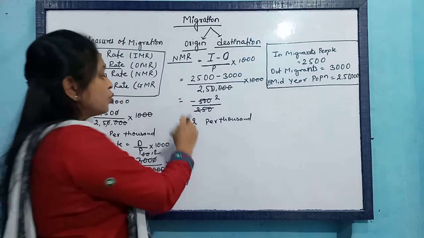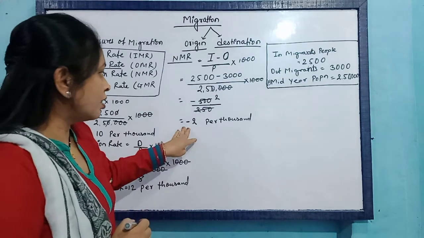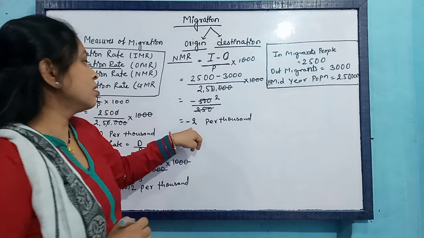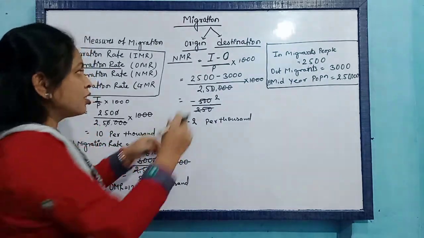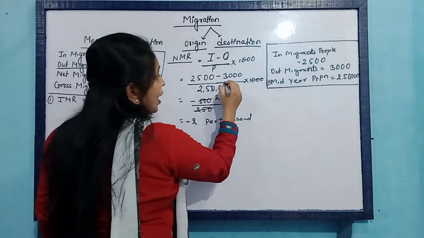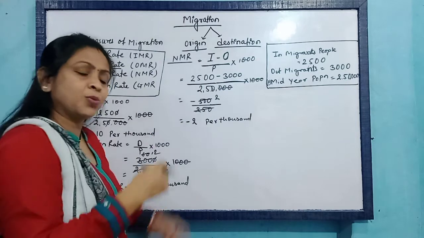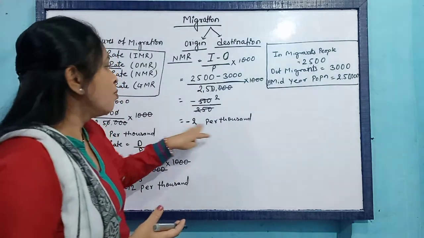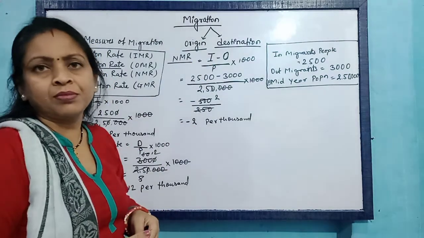There is a minus rate. The net migration rate may be minus or plus, that does not matter. It means more people are outside and fewer people are inside in the specific country or specific place. That's why per 1000, minus 2 people are in-migrants.